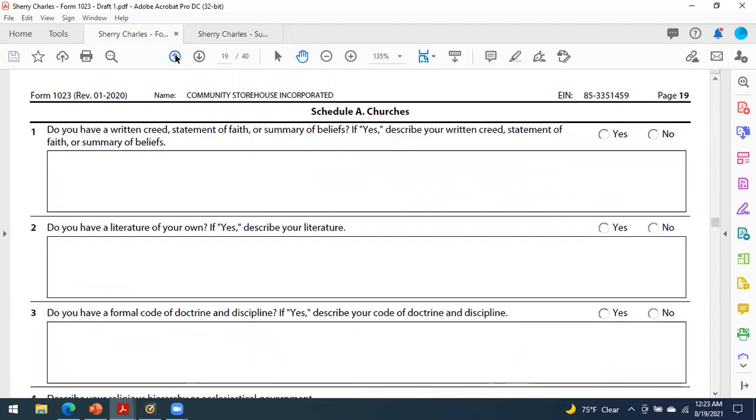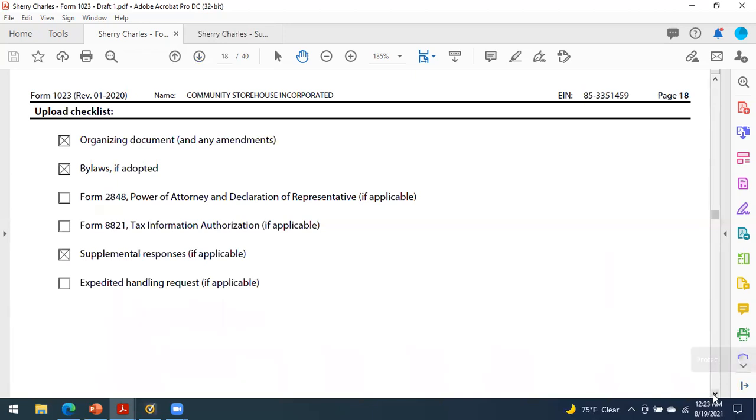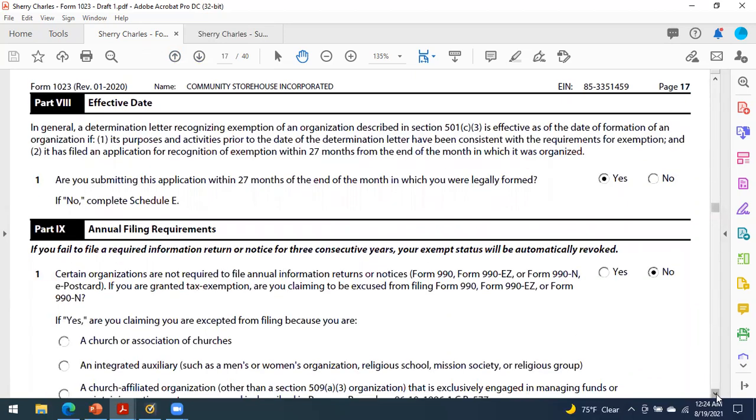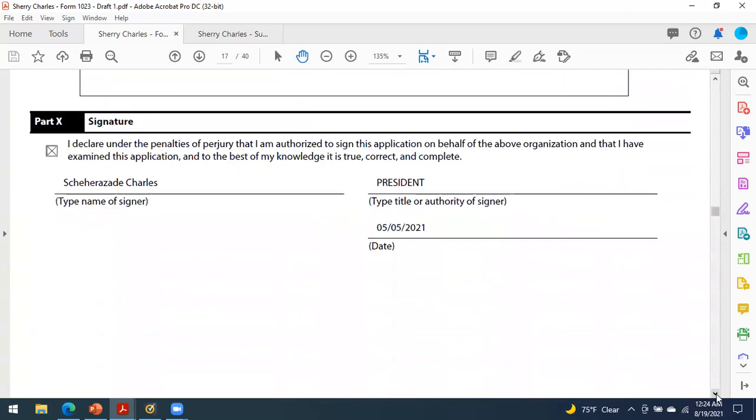Let me go back up, because I remember I said 18 are the required pages. So here's page 18. I'm going to go back up to 17 quickly. Thank you for your patience, but I just wanted to point something out to you. This is Part 10, where she would sign her name, title, and date.